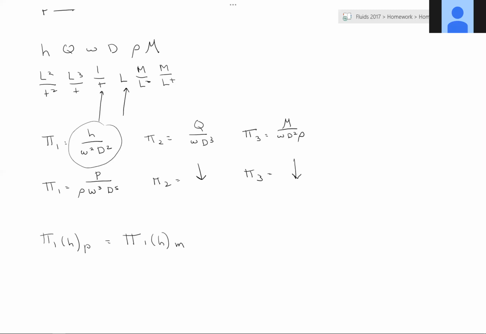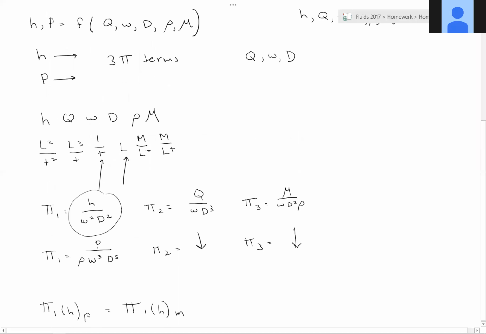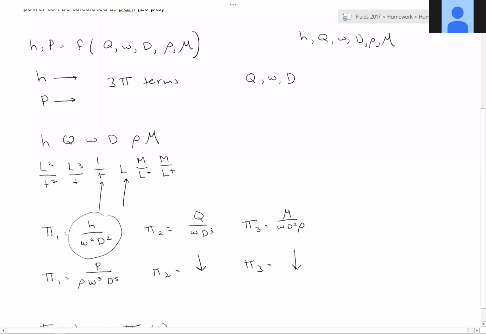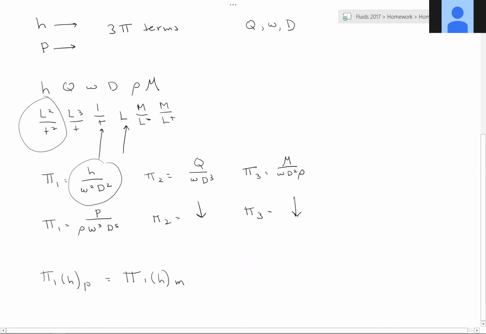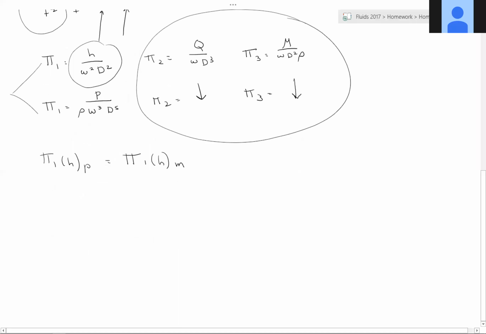So you shouldn't get the same three pi terms for both H and P, and the reason is, look at the units or the dimensions for H. That is not the same as the dimensions for power. You should get these the same, but these two are not the same. Otherwise, wouldn't this problem be a lot easier?